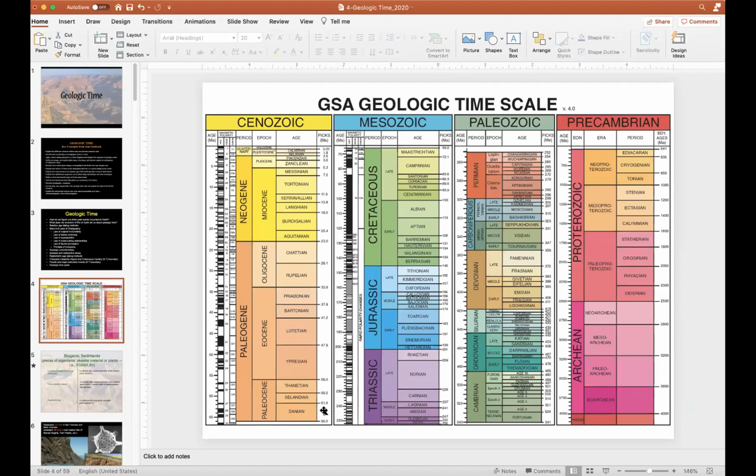But the Cenozoic starts at 66 million years ago. The Mesozoic goes from 252 million years to 66 million years. And the Paleozoic from 541 million years to 252 million years.